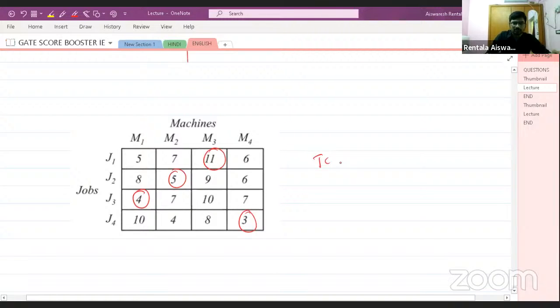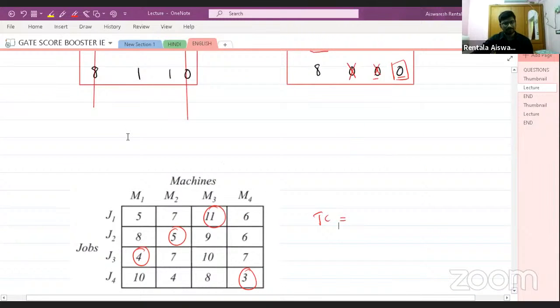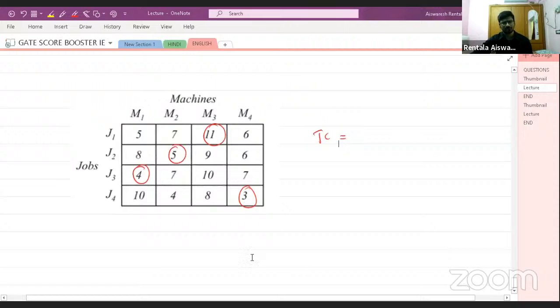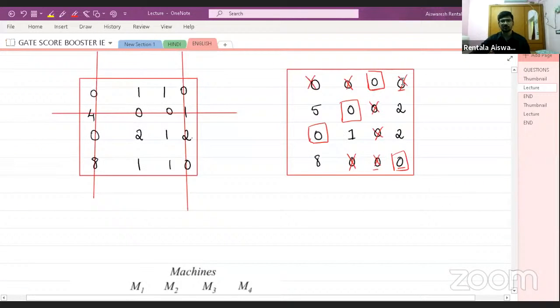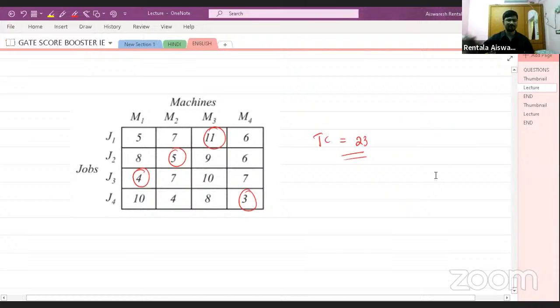So total cost will be equal to 11 plus 9 will be 20, 20 plus 3 will be 23. Okay, so you try with other combinations, you will get same answer. Do not worry.